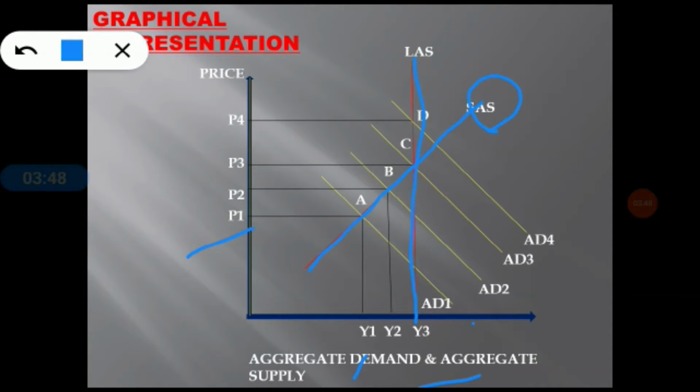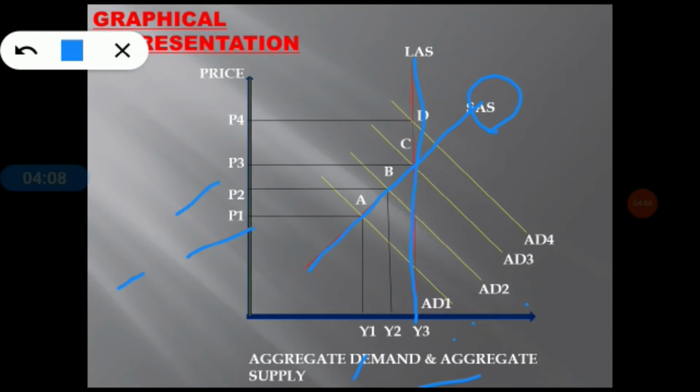So when the aggregate demand curve increases from AD1 to AD2, that means the price level also increases from P1 to P2. That means aggregate demand increases, so price increases due to aggregate demand.